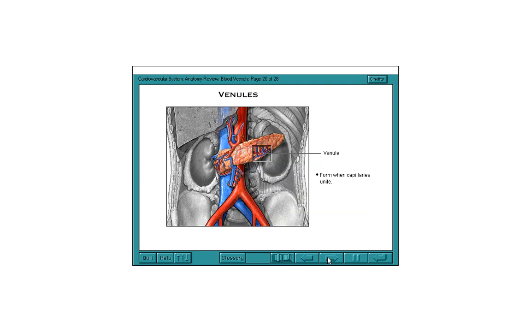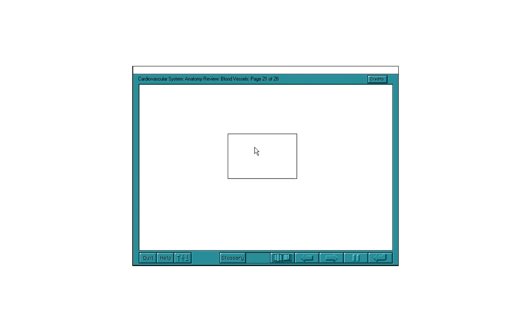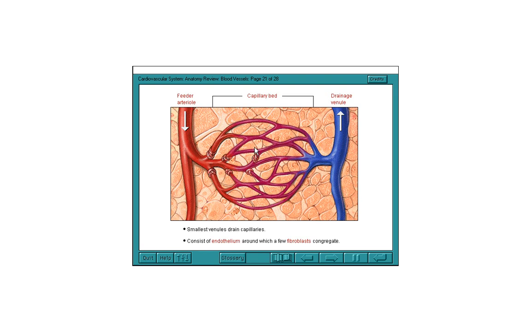Venules are formed when capillaries unite. In larger venules, both a sparse tunica media and a thin tunica adventitia are present. Click on the box to enlarge. The smallest venules, which drain capillaries, consist entirely of endothelium around which a few fibroblasts congregate.